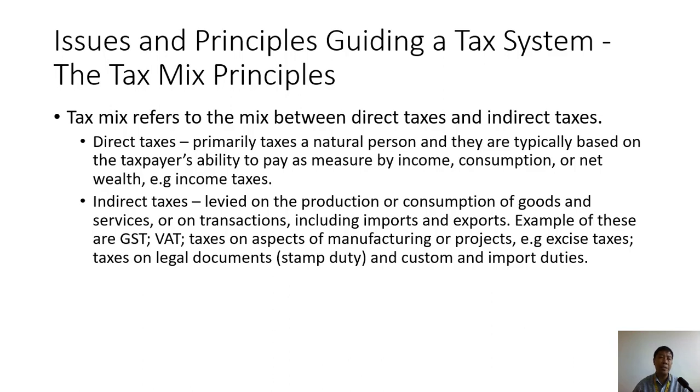When it comes to indirect tax, example of this will be GST, which is imposed on production or consumption of goods and services. So just imagine, it is not your capability to earn income. You are being taxed because you are consuming something. Okay. Another example of this will be excise tax. Okay. It is imposed on your privilege of producing products and also custom duties and import duties.